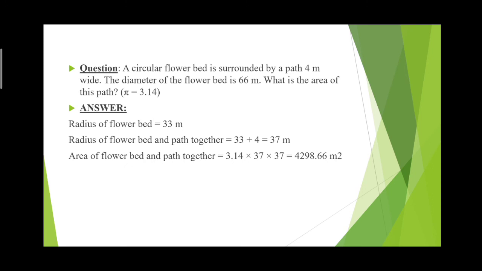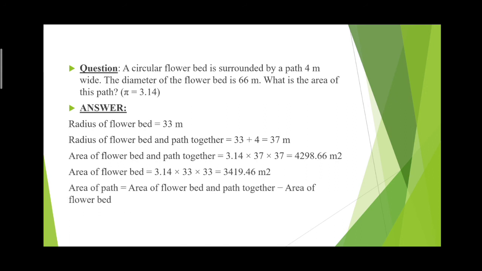Area of the flower bed and path together is equal to 3.14 into 37 into 37, is equal to 4298.66 meter square. Then the area of the flower bed is equal to 3.14 into 33 into 33, is equal to 3419.46 meter square.